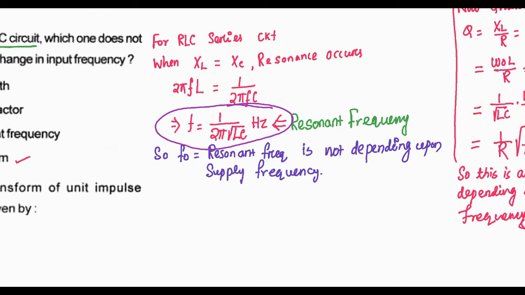If a circuit is given where R, C and L values are given, whatever frequency it is operated at, we can calculate the resonant frequency, because if we increase the frequency, at the resonant frequency only XL will be equal to XC and maximum current will flow. So the resonant frequency is a constant and does not depend upon the supply frequency.